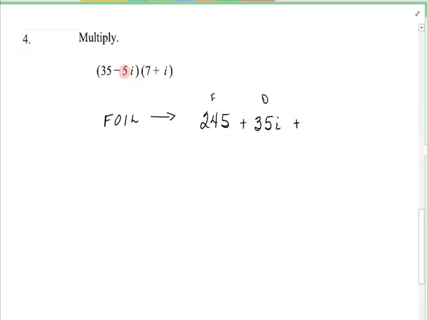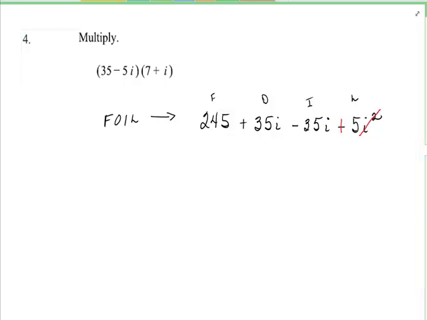The inner product is -5i times 7, which gives me, instead of plus, minus 35i, that's my inner. My last is negative 5i times i, so it's negative 5i squared. First, outer, inner, last. The last involves an i squared, so I get my red ink, get rid of that, changes it to plus 5.